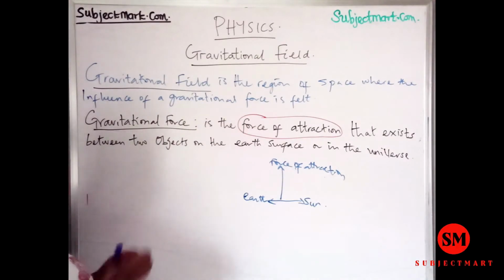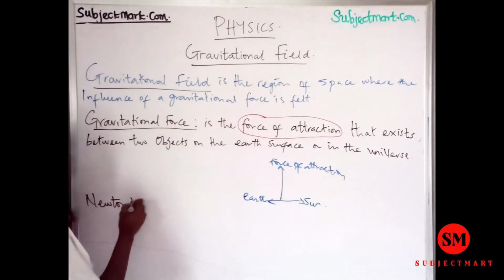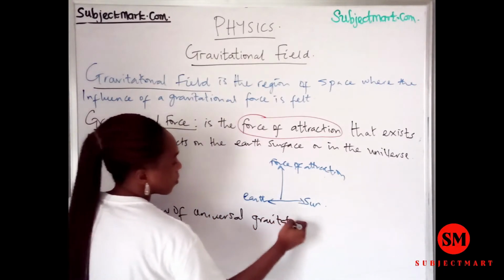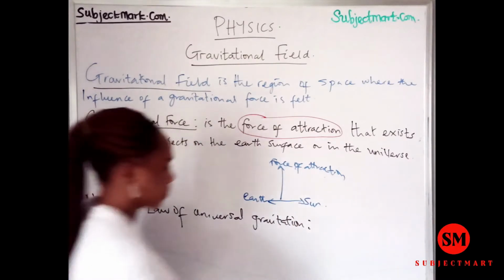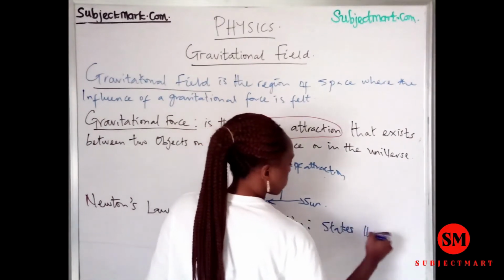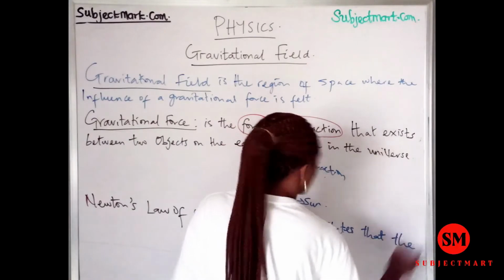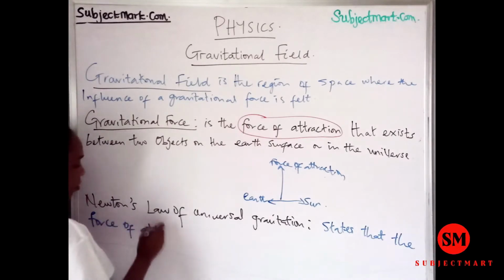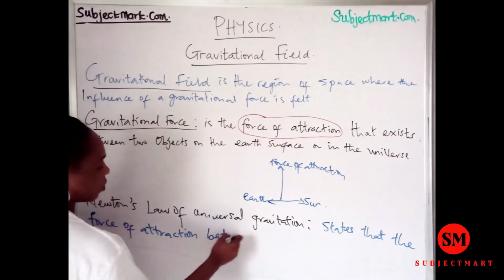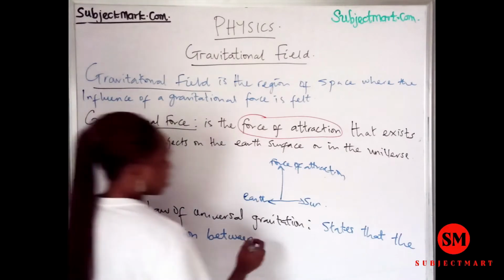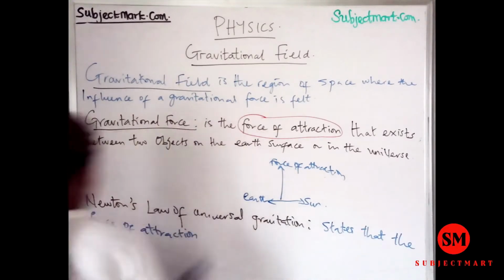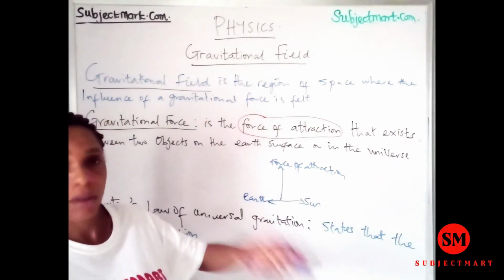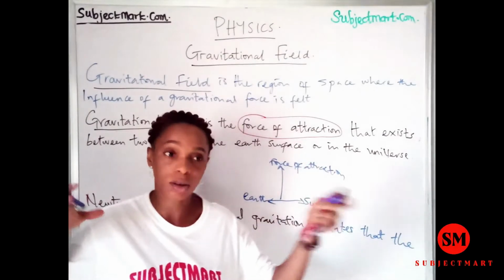So quickly, I'm going to talk about Newton's law of universal gravitation. This law states that the force of attraction is directly proportional... You know, I told you that we always have a force of attraction between every object on the surface of the Earth or in the universe, between two objects or two bodies.